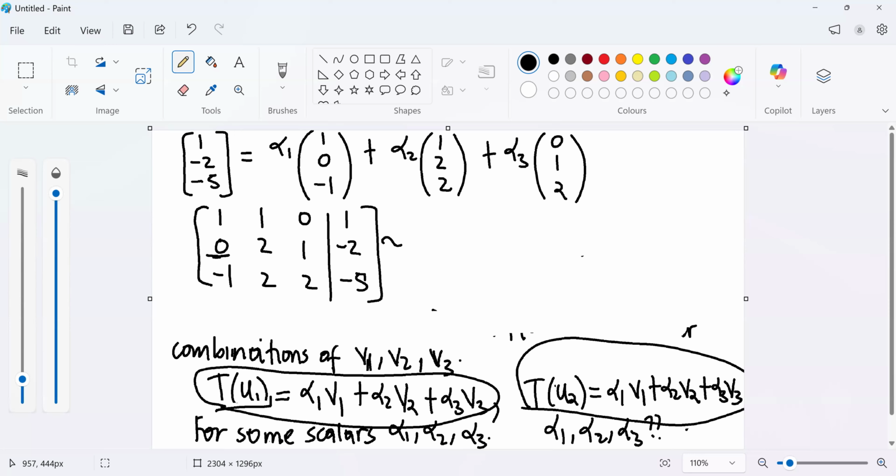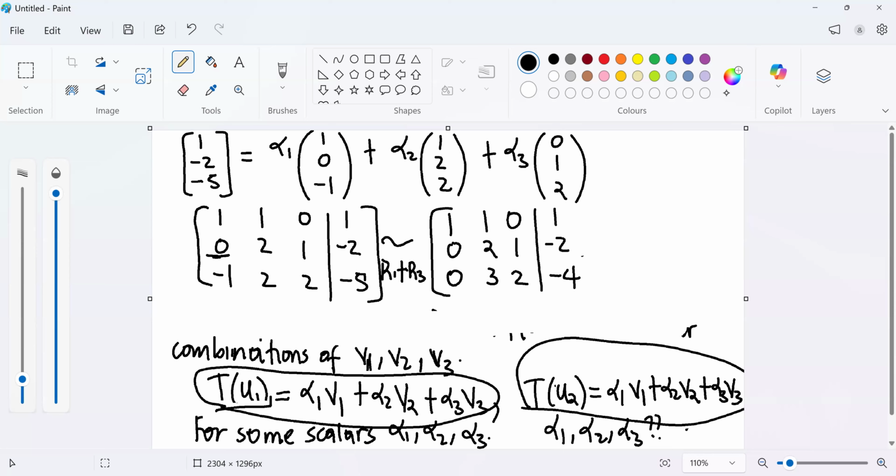Let me manipulate the first and the third. So that is R1 plus R3. I'm going to maintain this. Then this is a 0, 2, 1, -2, like that. Then R1 plus R2, this is a 0, this is a 3, this is a 2, then this is a -4, like that. That is R1 plus R3.